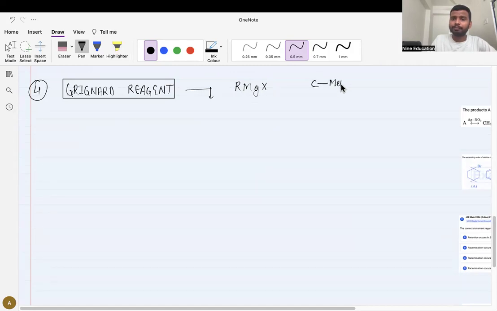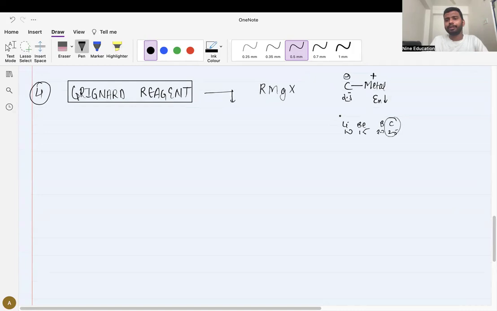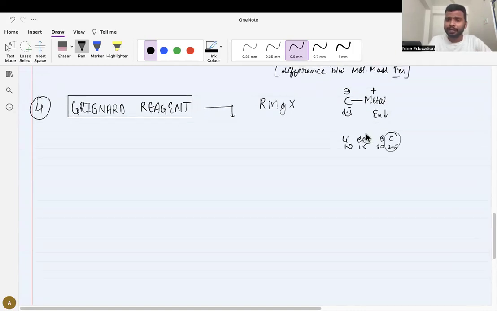Whenever you have carbon and metal bonds, metal will act as electropositive and carbon will act as electronegative. देखना बेटा, because all metals are on the left side of the periodic table, so all these metals have electronegativity very low in comparison to carbon. कार्बन की इलेक्ट्रोनेगेटिविटी 2.5 होती है, याद रखें.